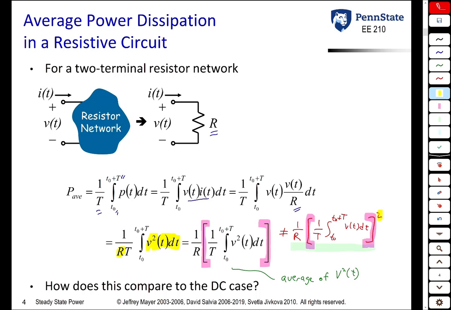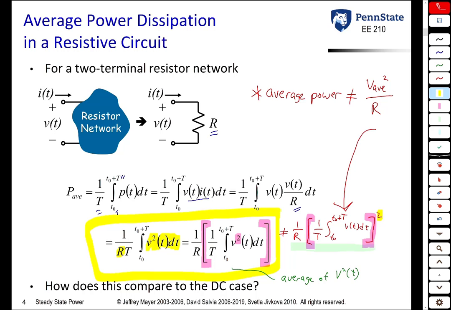What we have instead is 1 over R times the average of voltage squared. So we get this very important result. The average power does not equal the average voltage squared over R. That's what this is. This is average voltage squared over R. Instead, we get this expression here that we need to look at in more detail.